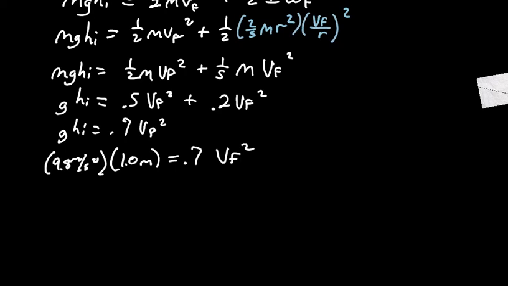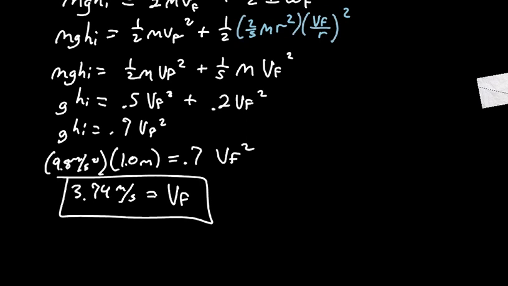Alright, so we'll do our 9.8 times 1. It's just 9.8 still. And then we'll divide that 9.8 by 0.7 and square root both sides. And we end up with 3.74 meters per second is equal to our final velocity.